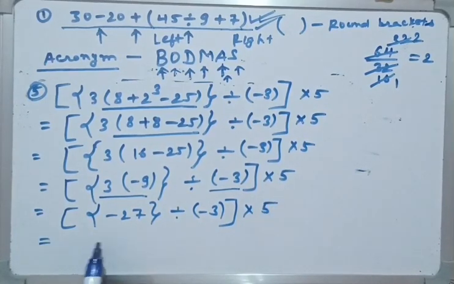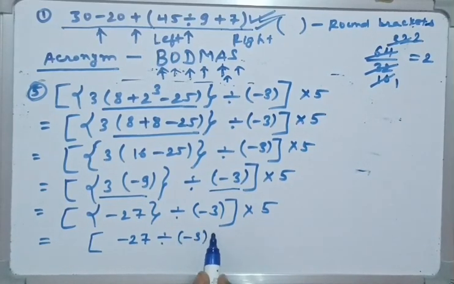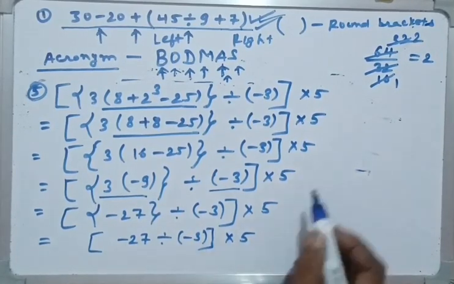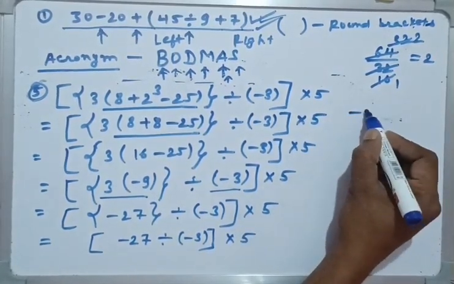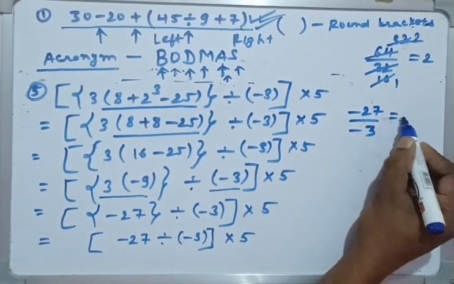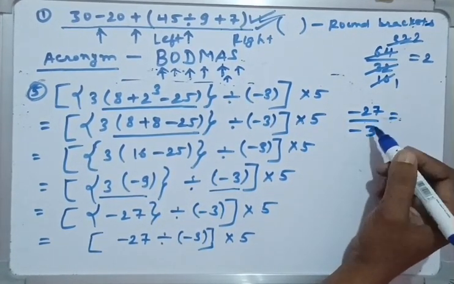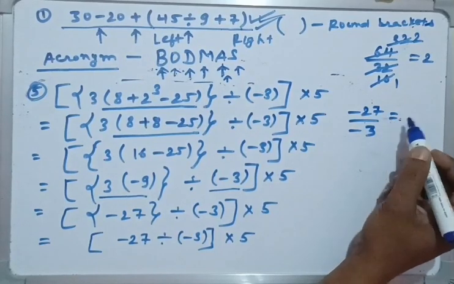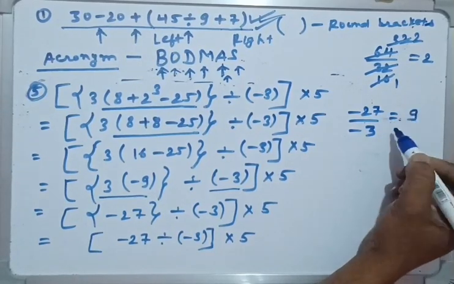So you can also write this as a left square bracket, minus 27 divided by minus 3. Now see, this becomes minus 27 by minus 3. You already read that when this is given, the answer is plus 9.